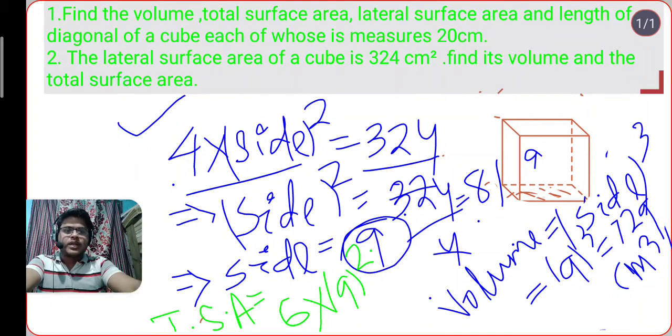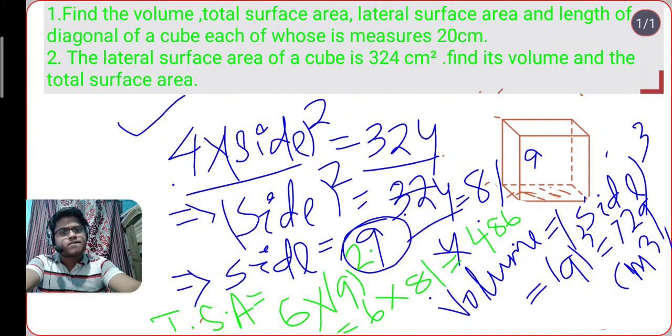So after putting it, I can write here 6 into 81. We are getting the value 486 centimeter square. That is the total surface area of this given cube. Okay.